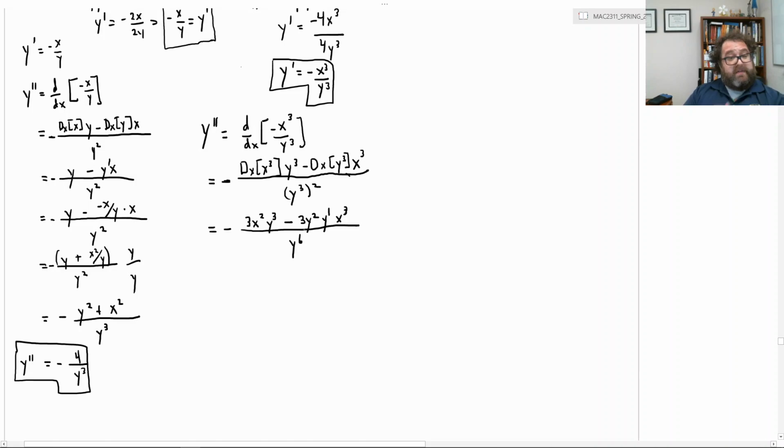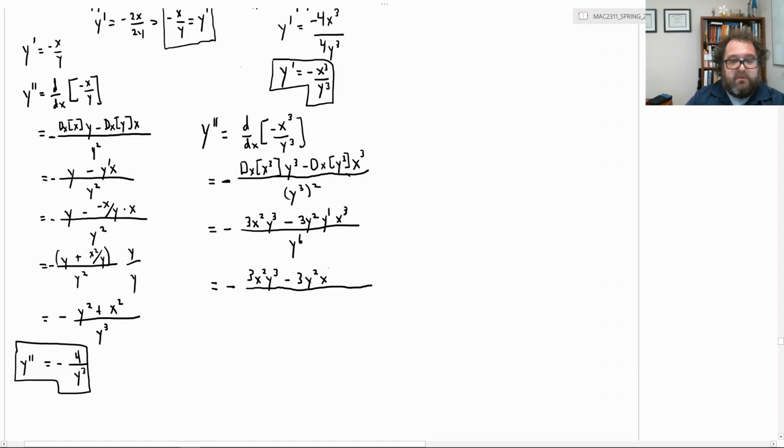All right, now we're at that same point where we have a second derivative in terms of x, y, and the first derivative, y prime. But we know what the first derivative is equal to. It's equal to negative x cubed over y cubed. So we can substitute that in. And that looks like it's going to give us another compound fraction. Let's see, we have 3x squared y cubed minus 3y squared.